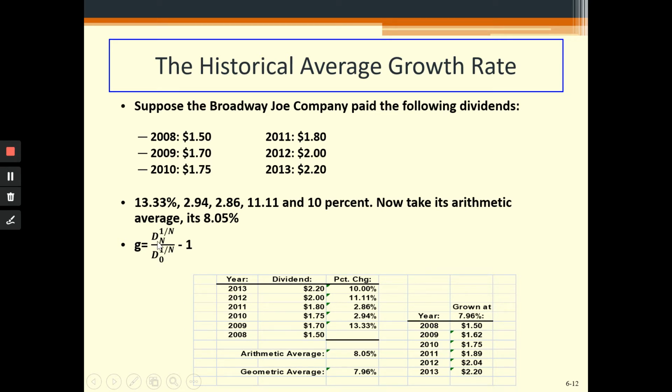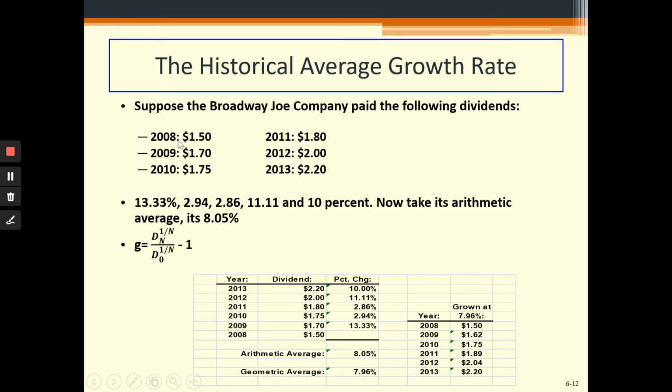What is Dn? The dividend at the end of the nth year. Here n is the last period, 2013, so the dividend is 2.2 raised to the power 1/n. How much is n? Apparently it seems it's 6, but it is actually 5. Why? Because the 2008 dividend has already been paid.